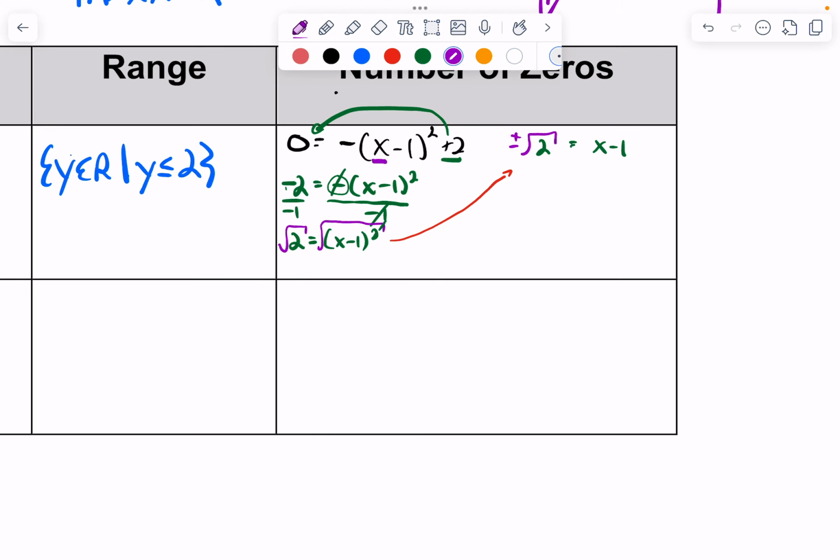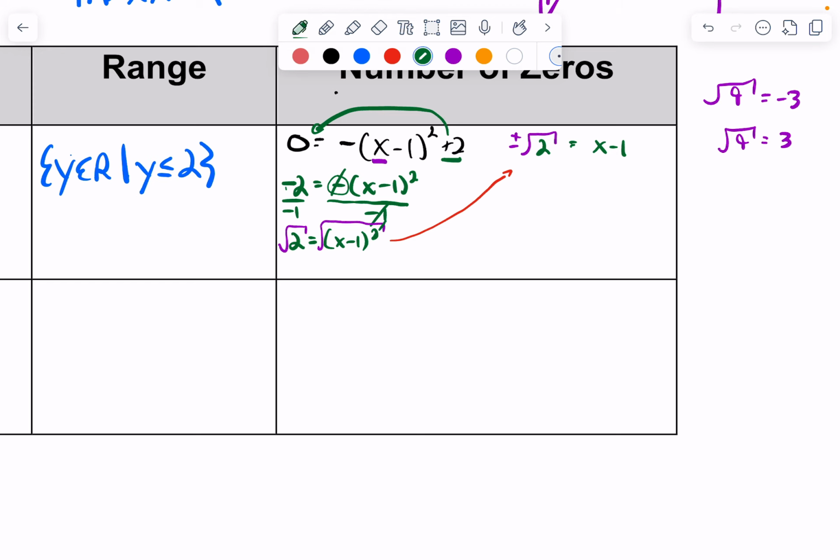For example, the square root of 9 can be 3, but minus 3 is also a possible value, because minus 3 squared is the same thing. So understand that there are 2 possible answers for a root.